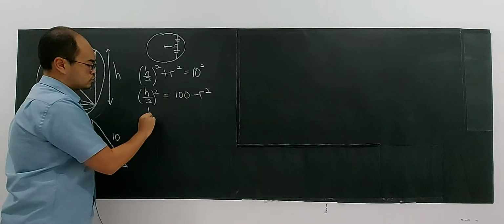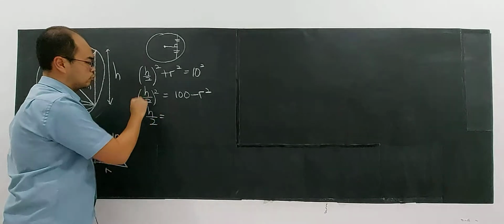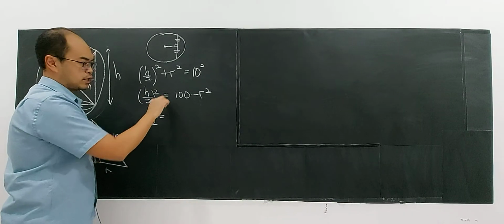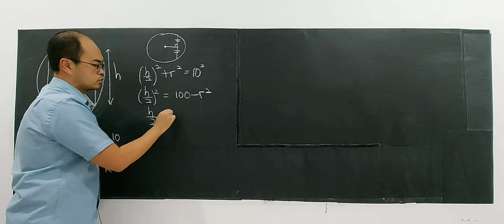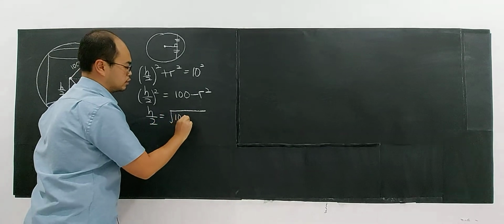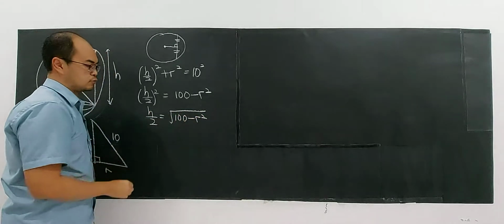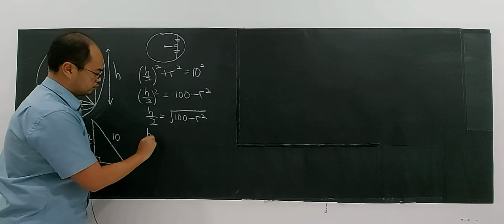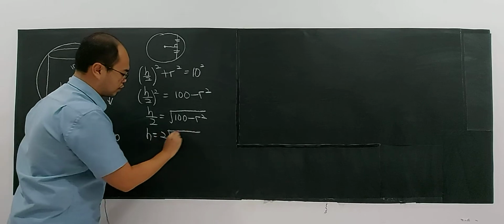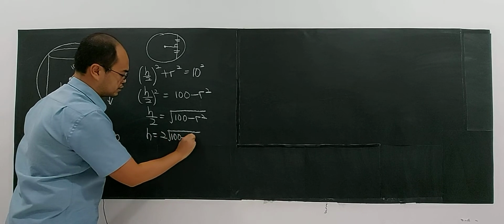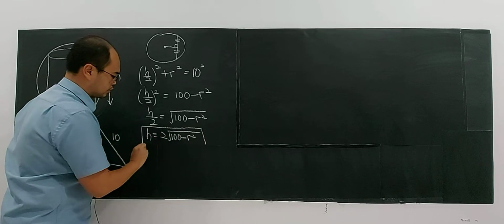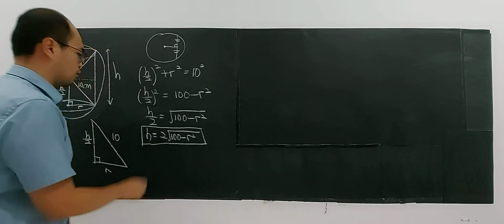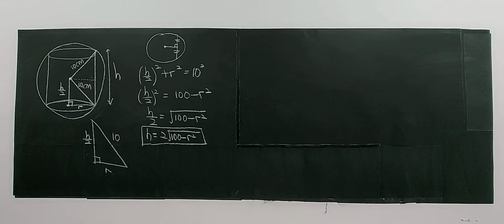If you square root both sides, there is no positive or negative as the height is positive, so h equals 2 square root of 100 minus r square. This is the relationship between h and r, or h in terms of r.